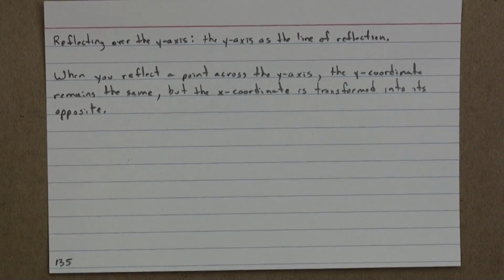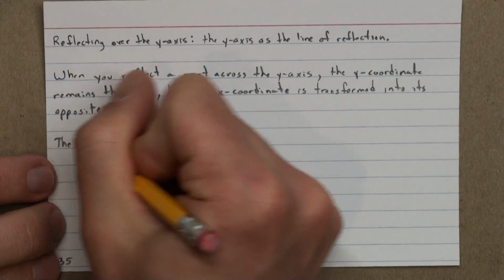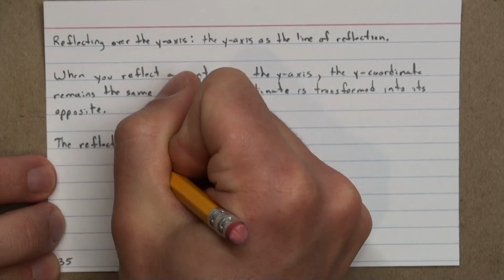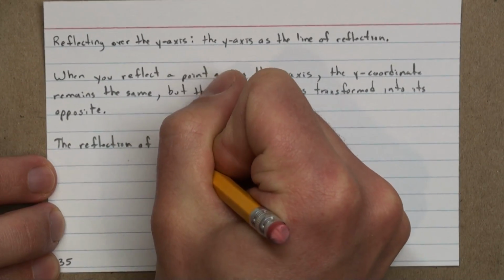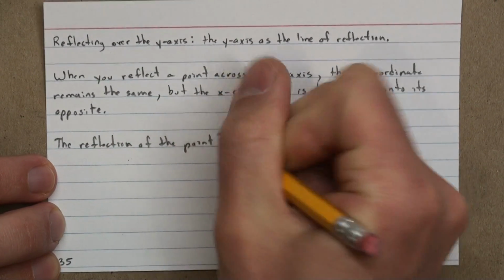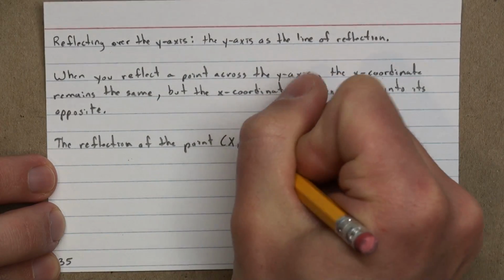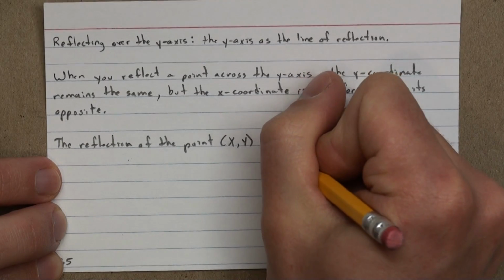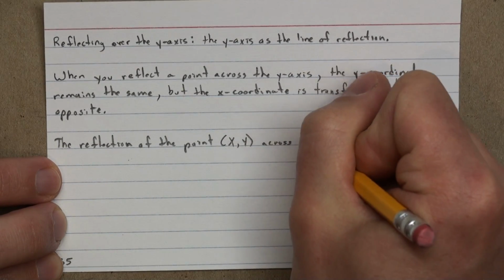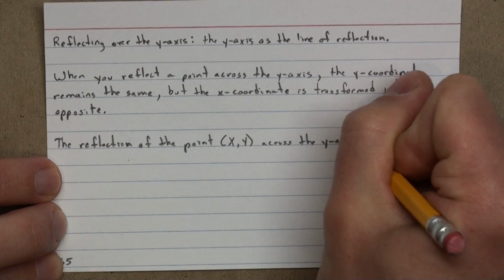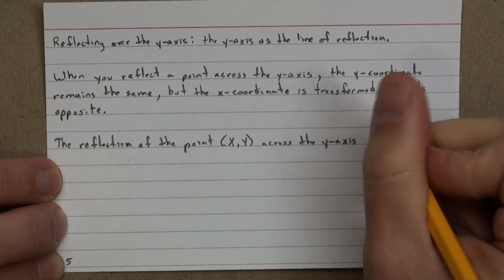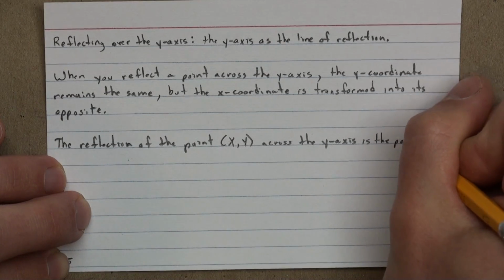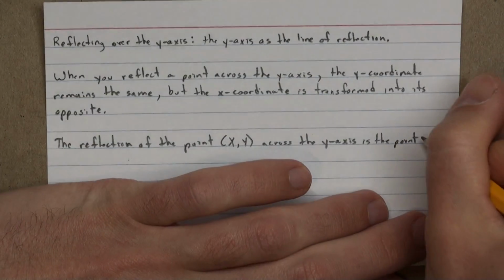So the reflection of the point x comma y across the y-axis is the point negative x comma y.